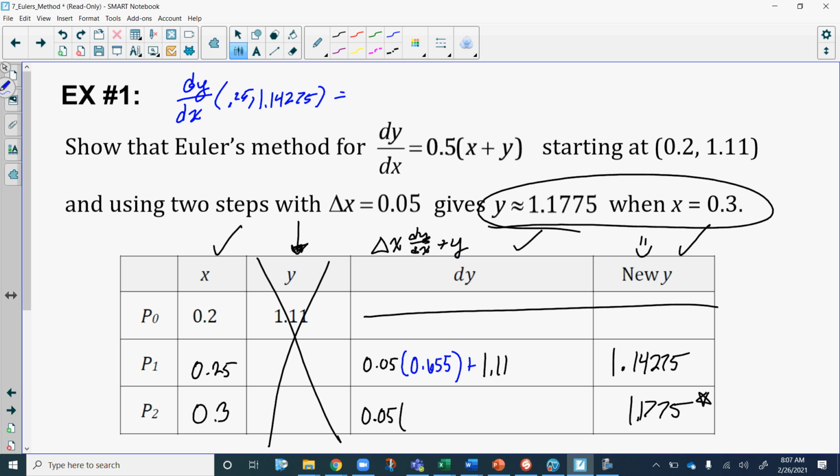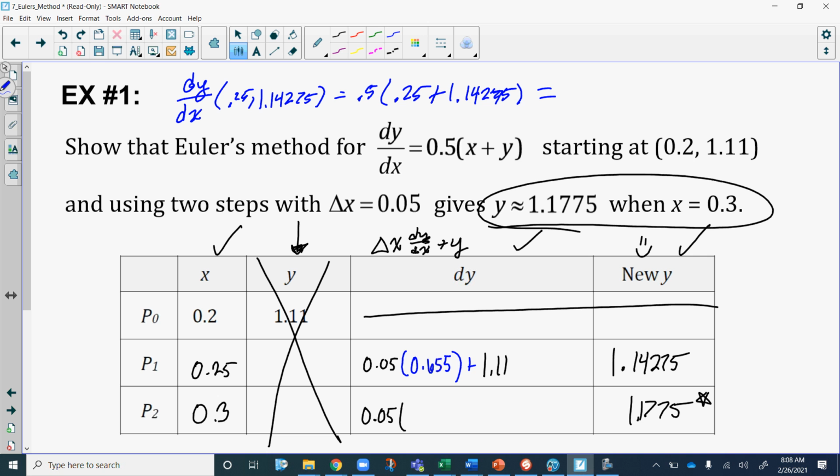I'm going to get 0.5 times 0.25 plus 1.14275. I keep forgetting that 1 at the beginning. And that whole thing equals, in this case, I don't have it written down.